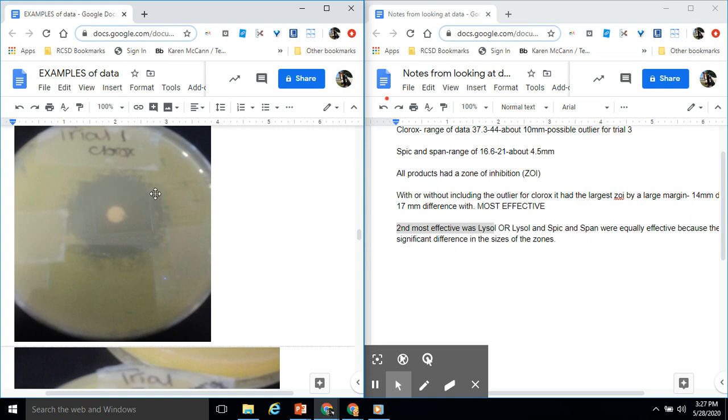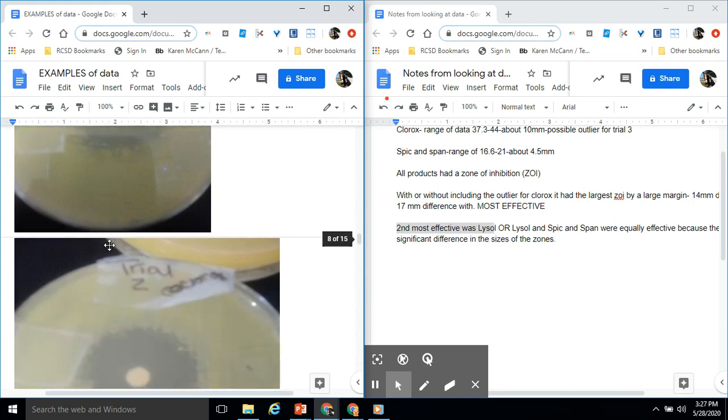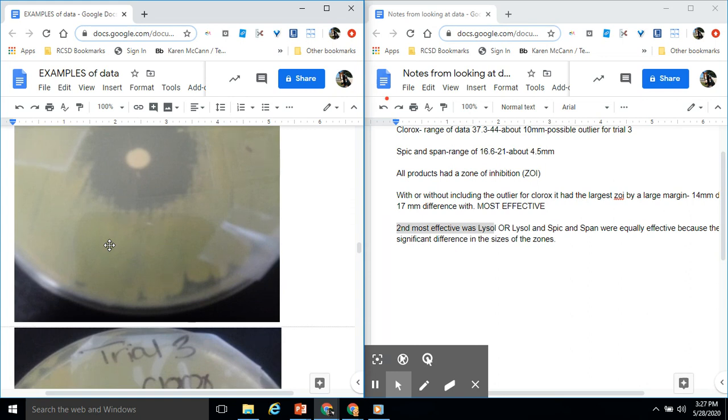You have to literally decide: do I start my measurement at the first little dots of bacteria I see, or do I start my measurement farther in where the lawn gets thick again? This is an example of how two different people could measure this and get different measurements. So that is definitely a source of error in this experiment.